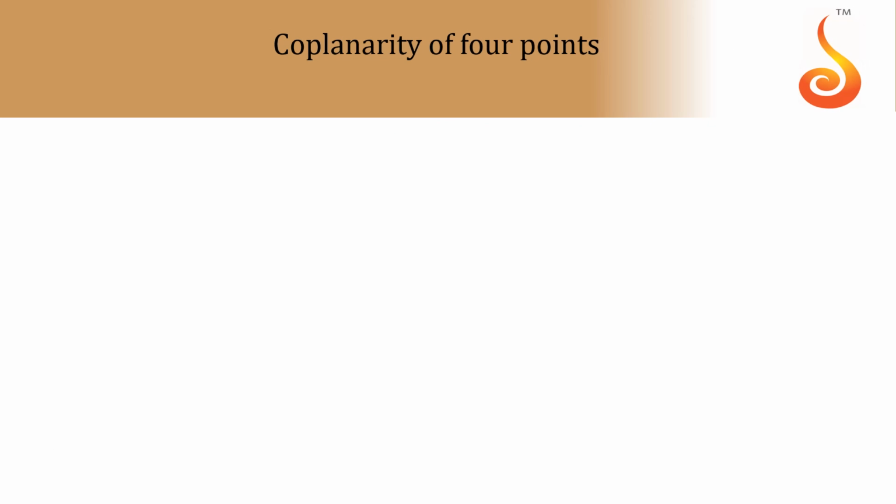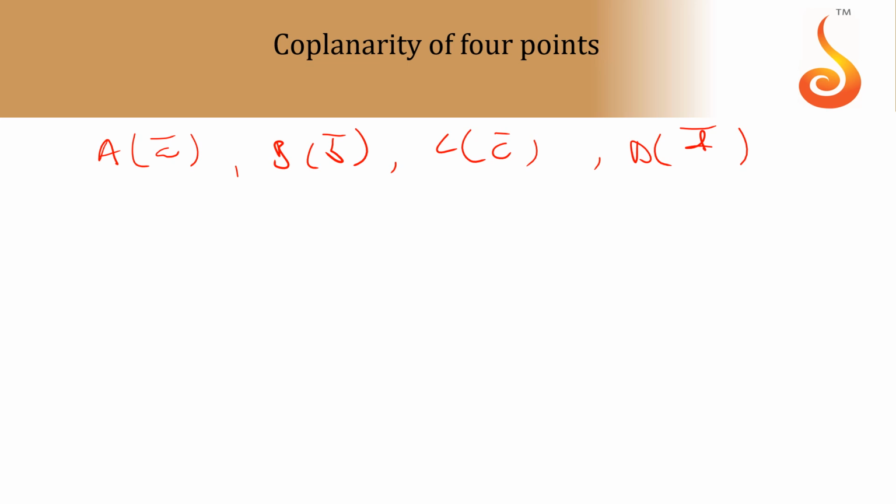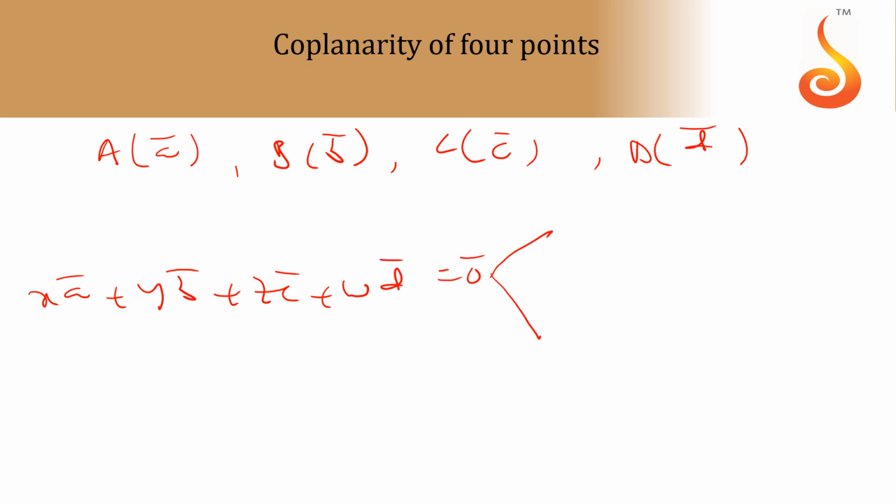Coplanarity of 4 points. Suppose A bar, B bar, C bar, D bar are 4 points such that X A bar plus Y B bar plus Z C bar plus W D bar equals O bar. There are two possibilities.